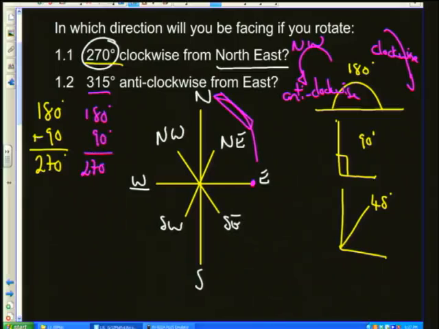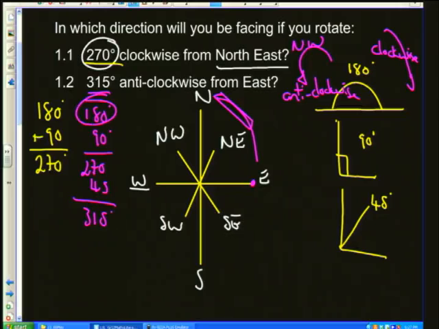If I add another 90 degrees, I'm going to land up with what? 360, which is kind of problematic. So we don't want 360, we want 315. So if I decide not to add 90, what we are going to add is 45 degrees. If I now add 45 degrees, I'm going to land up with 315.